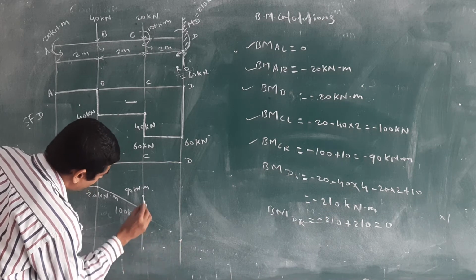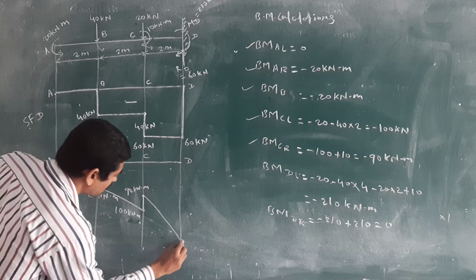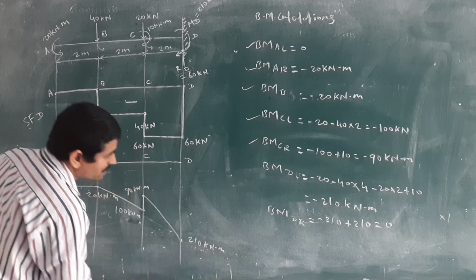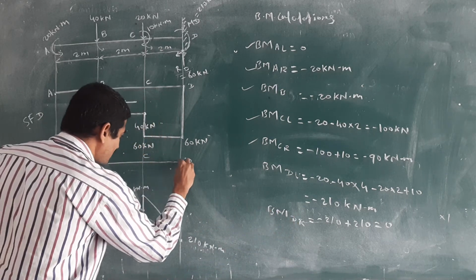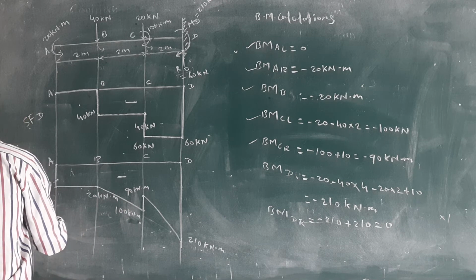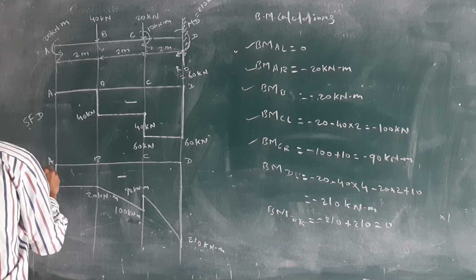Suppose here is minus 210. And we will draw the incline because here is a horizontal line. 210 kilonewton meter. And bending moment at D, just right side, you will get 0. This is the BMD. This is the bending moment diagram.